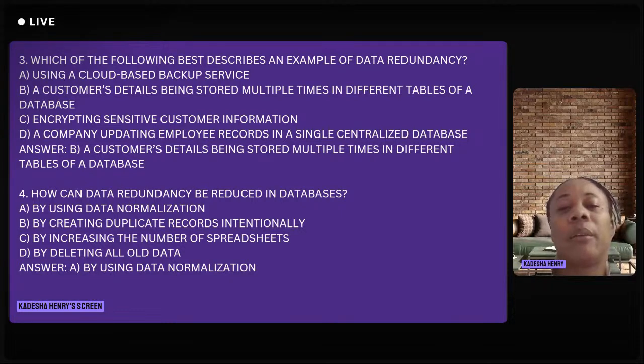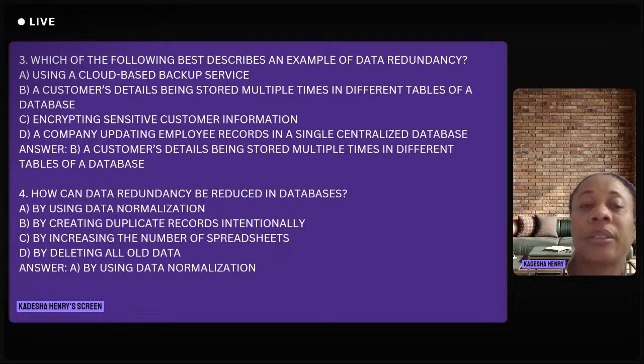Which of the following best describes an example of data redundancy? A, using a cloud-based backup service. B, customers' details being stored multiple times in different tables of a database.